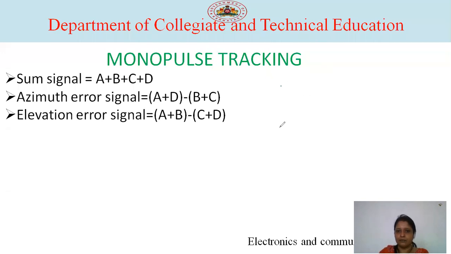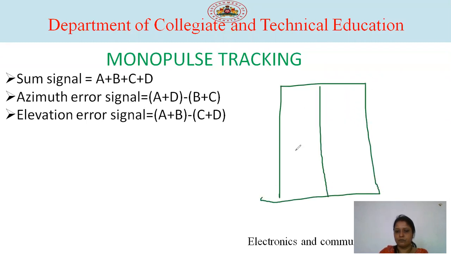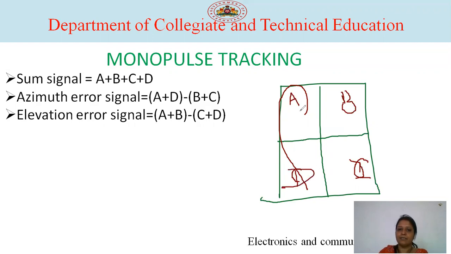Now see here. This is A and this is B. This is C and this is D. Now for the azimuth error, these two should be added: A plus D minus B plus C. That will give the azimuth error.